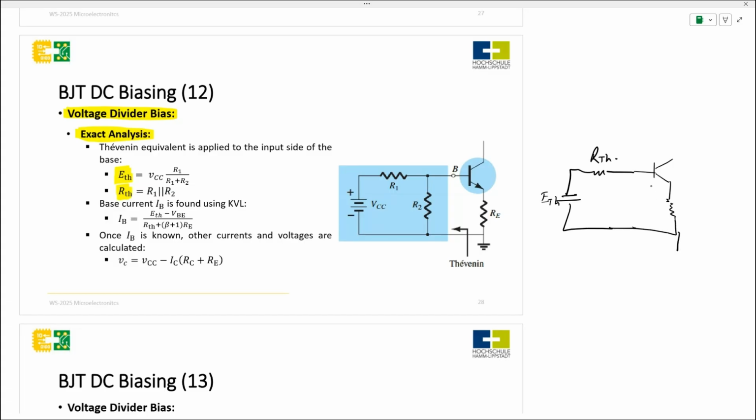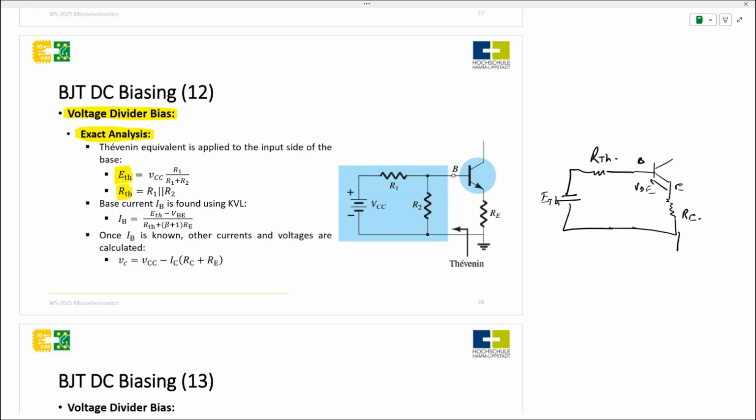Okay, so here we have our B, here we have our A, and here we have our VBE, and here we have an RE multiplied by IE.